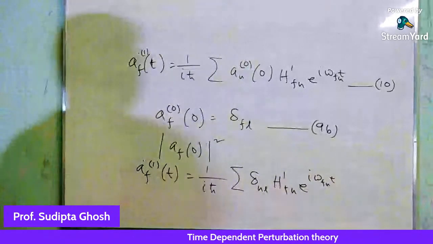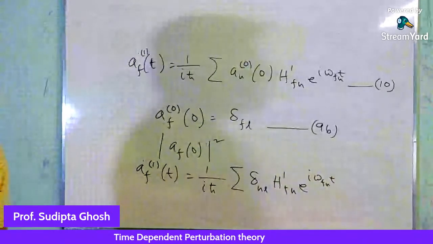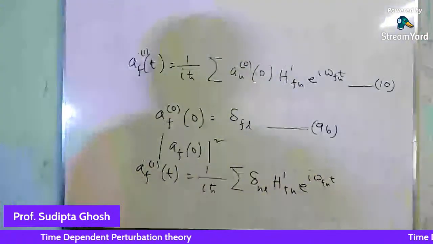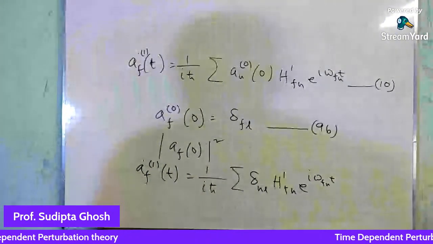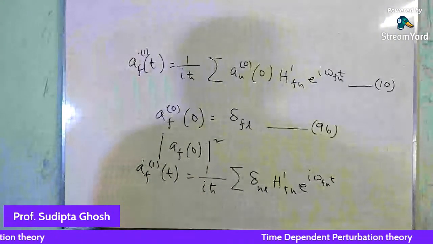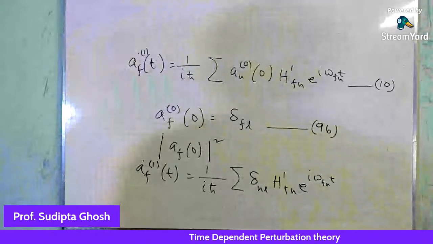Now again using the definition of the Kronecker delta function, we can get a_f dot 1(t) equals 1 by iħ H prime.